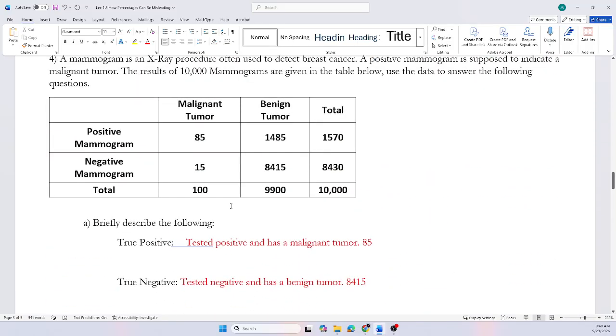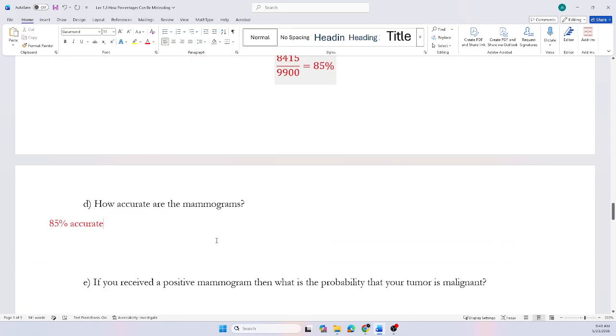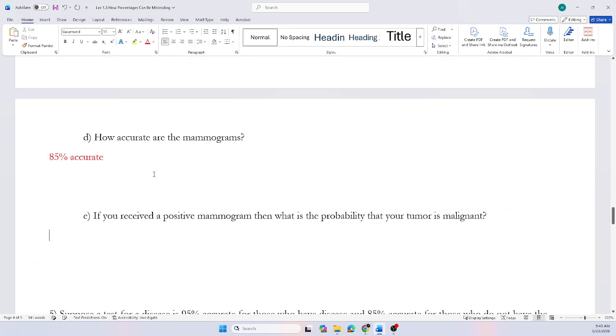You don't know if you're one of these 100 people with malignant tumors, but you do know that you tested positive. So you're one of these 1,570 people that tested positive. Let's go ahead and run the numbers real quick.